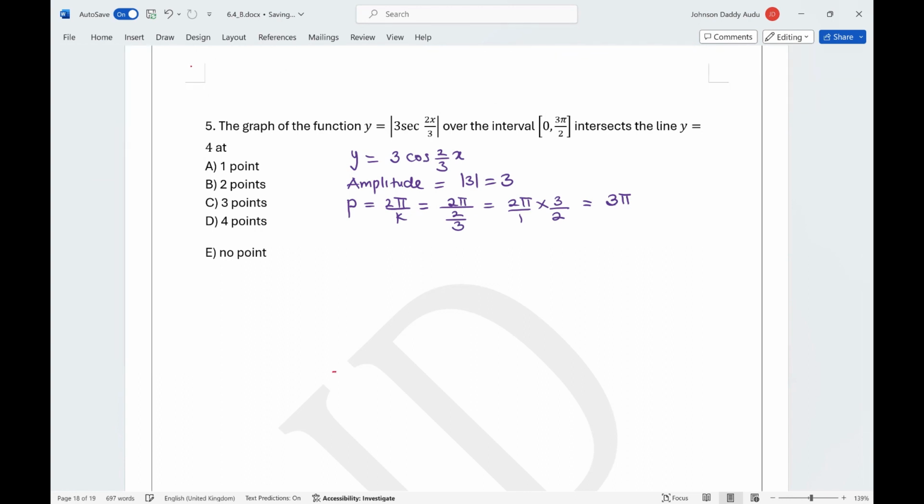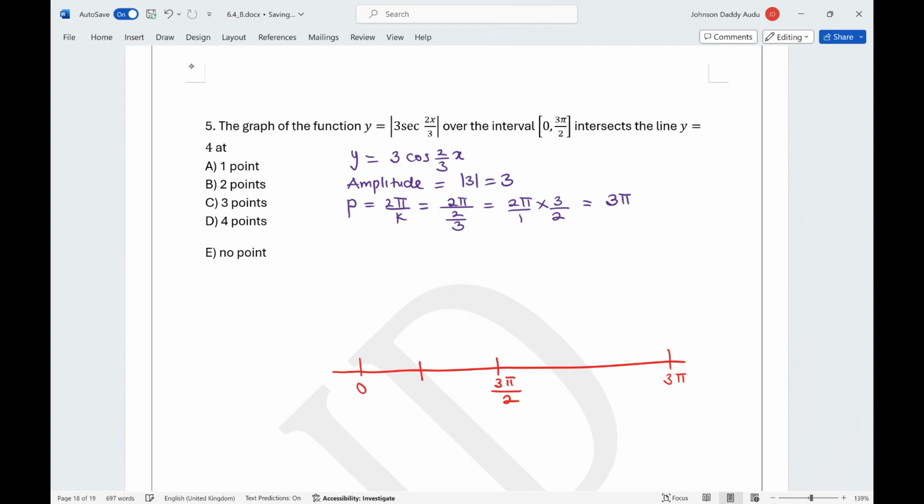So let's go and draw 0 to 3 pi. This is 0. This is 3 pi. If you divide this by 2, this is going to be 3 pi over 2.